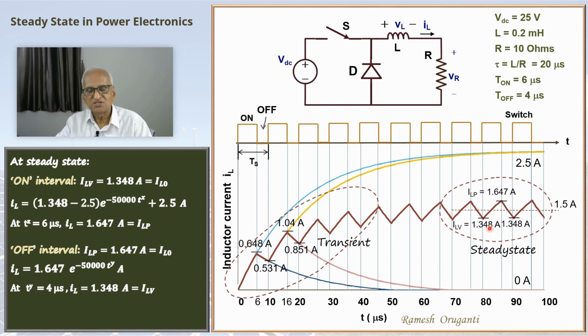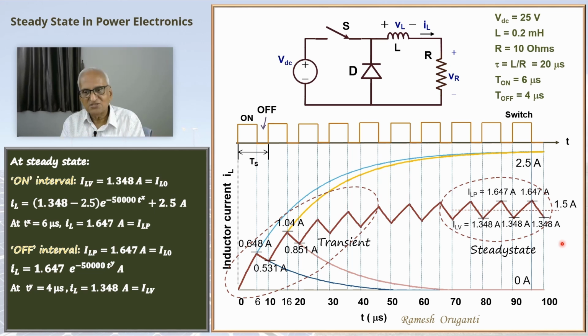So at the steady state, I start from 1.348 amperes, reach a peak value of 1.647 amperes at the end of the on interval, and then during the off interval, the current comes down to the initial value of 1.348 amperes. So that indicates that we are in steady state here. I can continue this process. You will find that it oscillates between 1.647 and 1.348.